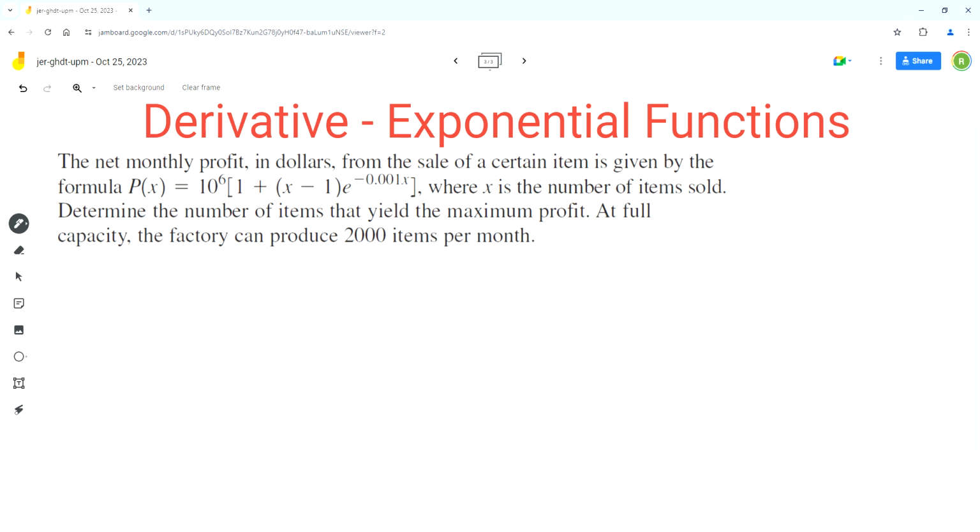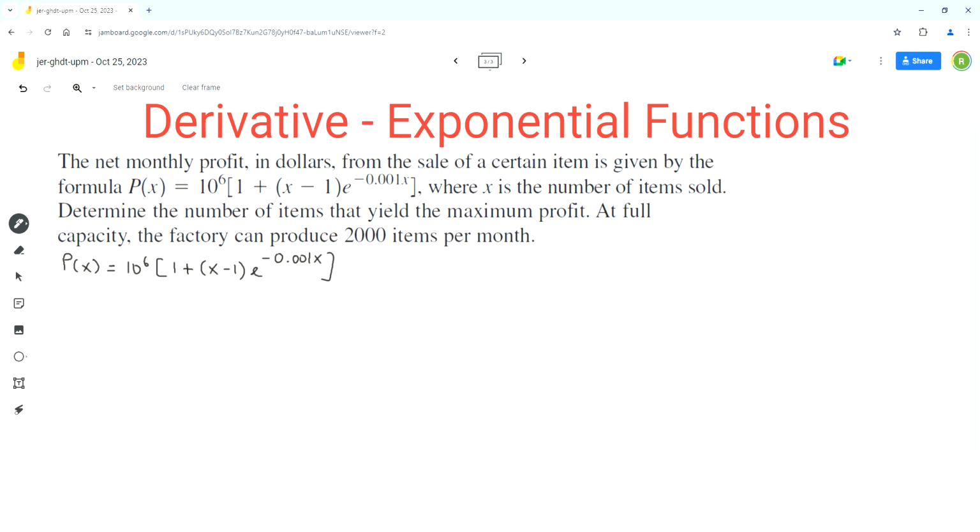So the given function is P(x) equals... So we have to find the x value that will maximize profit. Now we are given that at full capacity the factory can produce 2000 items per month.